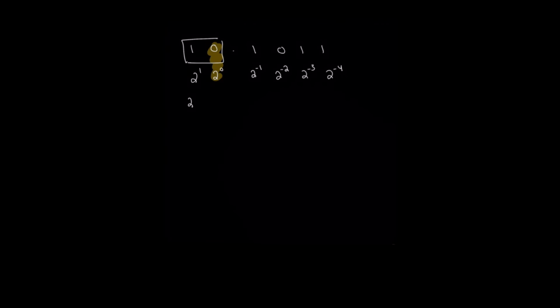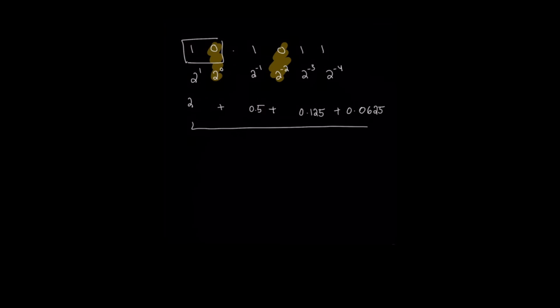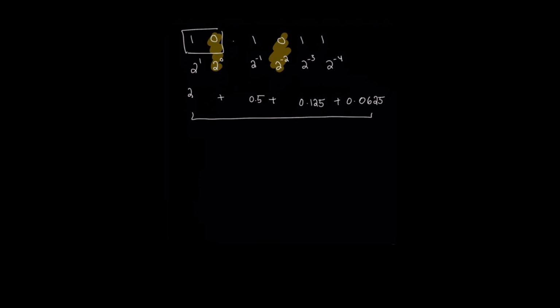We will ignore the zero, then 2 to the power of negative 1, which will be 0.5, then 2 to the power of negative 3, which will be 0.125, and 2 to the power of negative 4 will be 0.0625, and we will just add all of this together, the two parts, and the answer will be 2.6875.